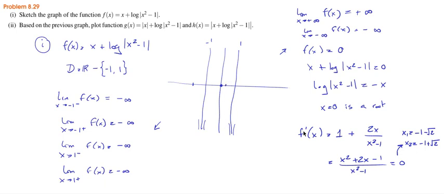Now, if you evaluate the function at these points, you get minus 1 minus the square root of 2, and then this is 1 plus the square root of 2 squared, which is 1 plus 2 plus 2 square root of 2, right?